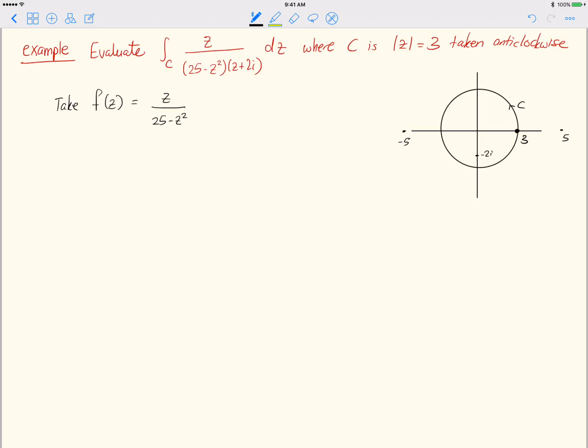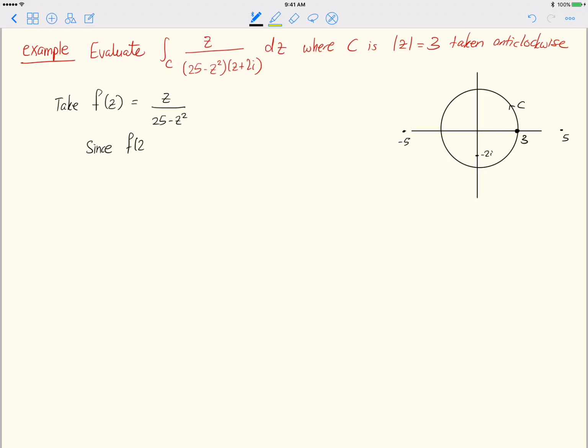Right? Then, because 5 and negative 5 lie outside of C, that function f there is going to be analytic inside and on C.